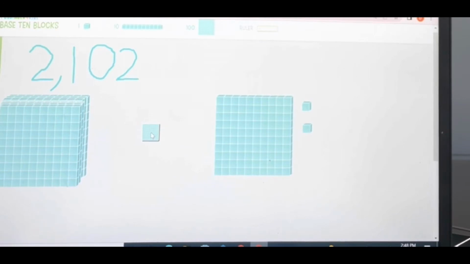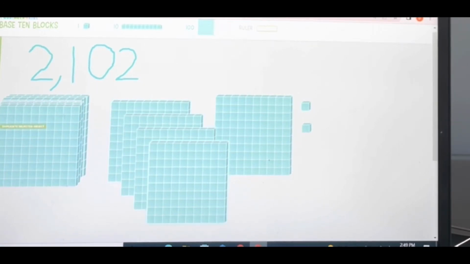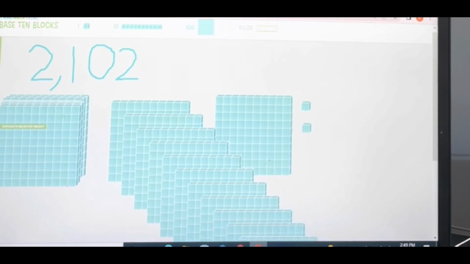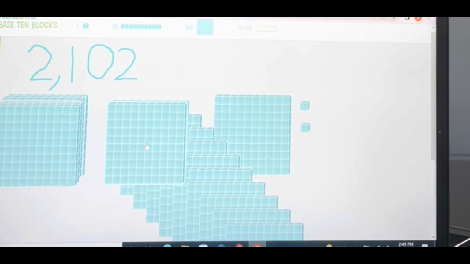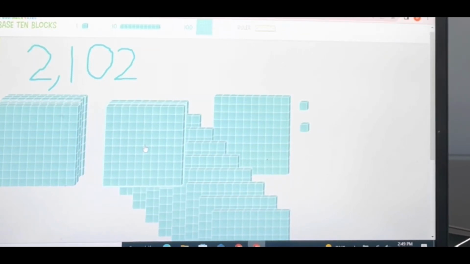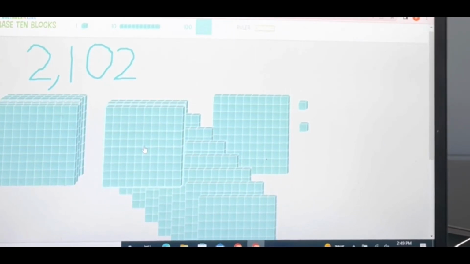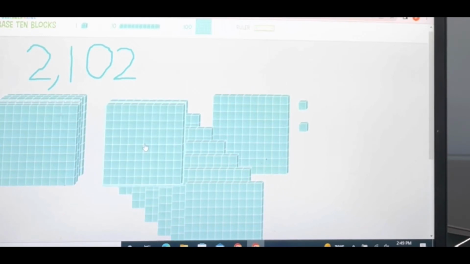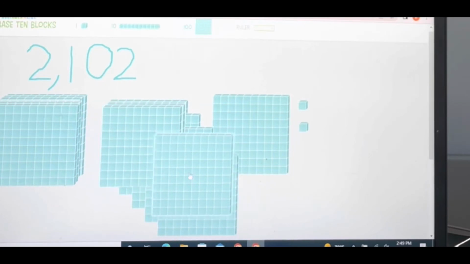Now to make a second 1,000 block, I'm going to do the same thing. 100, 200, 300, 400, 500, 600, 700, 800, 900, 1,000. So I am now grouping the 10 hundreds blocks together to form another 1,000 block.